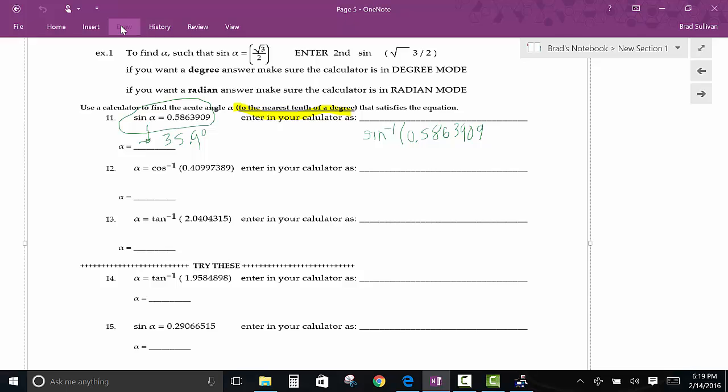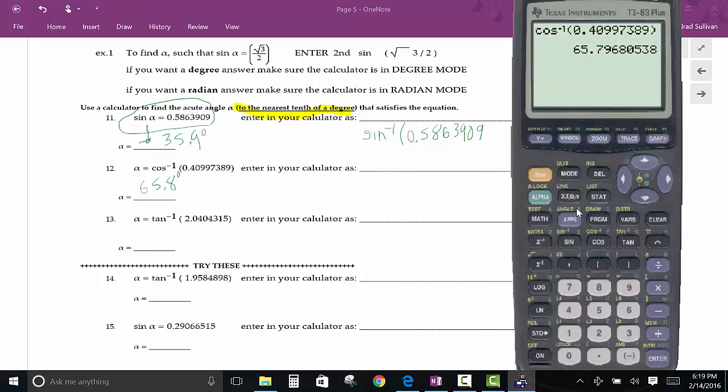Okay, so I'm going to go ahead and record that now as 65.8 degrees. Now back on this emulator, what I want to show you again is if I do the cosine of the answer, because the angle 65.79 is the answer, then it takes me back to where I started from. So that helps you understand the correlation between inverse cosine and cosine, okay?